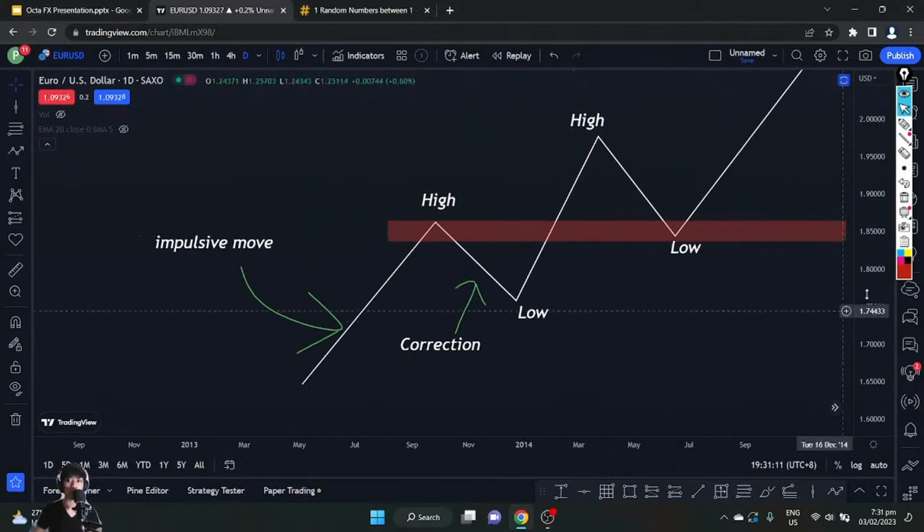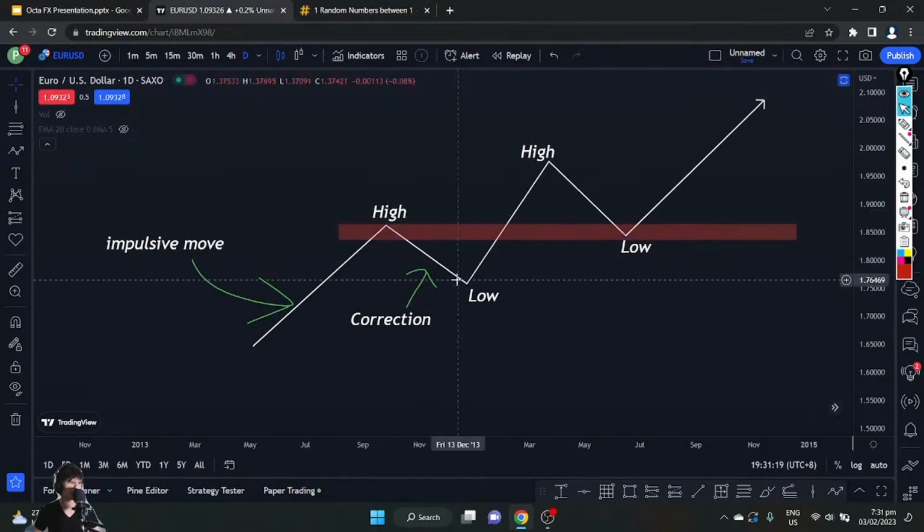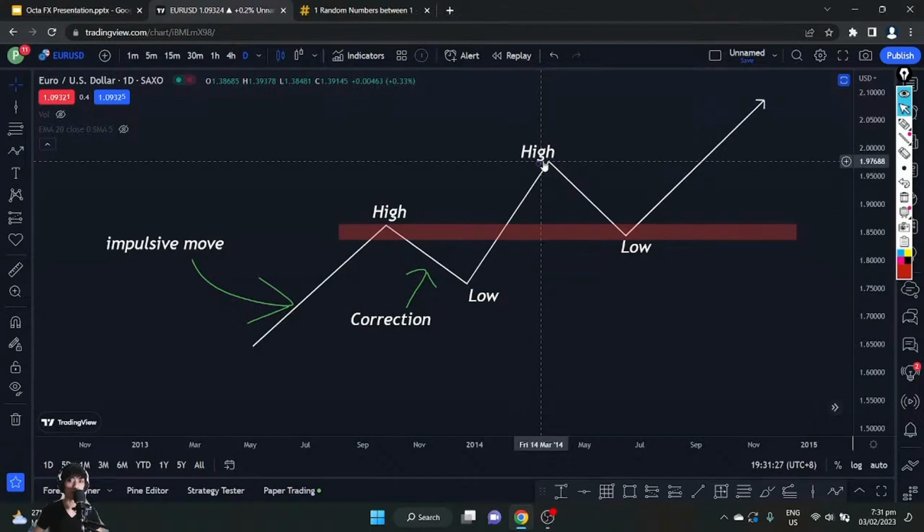All right. So combining all of those things together, this is our impulsive move, which is our 1. And then this is our first correction move, which is our 2. And then once the price breaks this previous level, this previous 1, this will be our new high, and this will be our 3. All right.